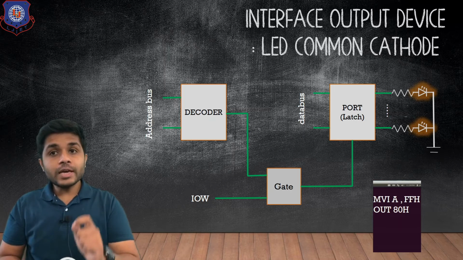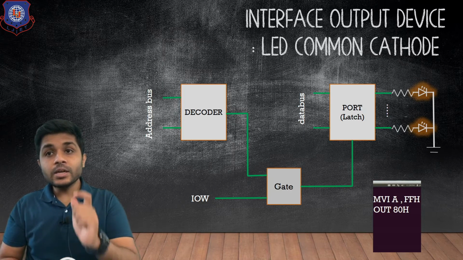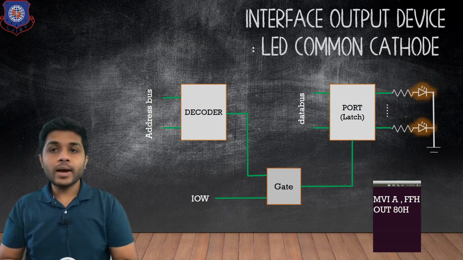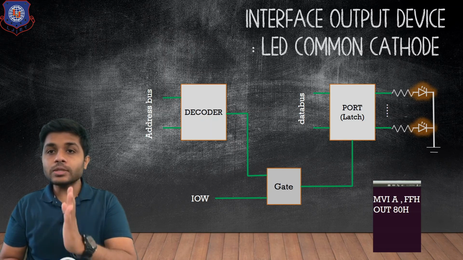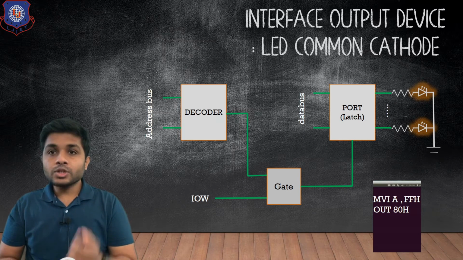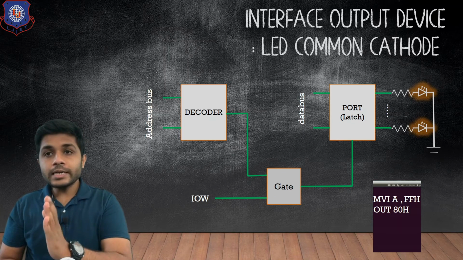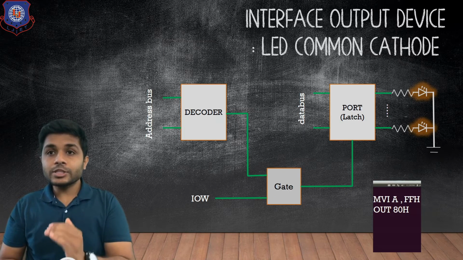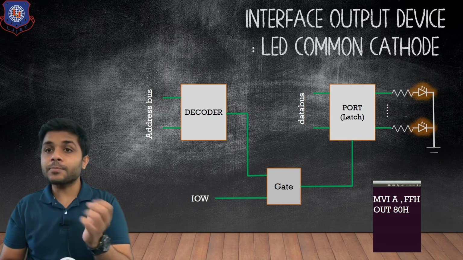Now because we have used latch as the output port, these LEDs will keep glowing. Why? Because whenever we send any data to the latch, it will store that data until we reset it. So when we send any data to the latch, all the data will be stored in the latch, and the latch will keep sending one to the LEDs. So the LEDs will keep glowing.